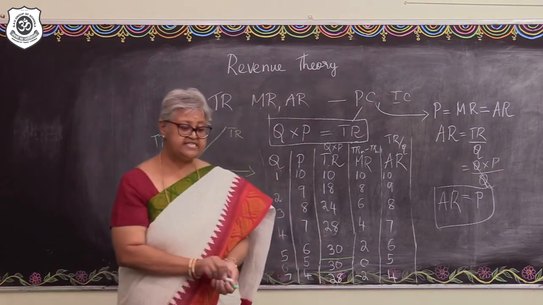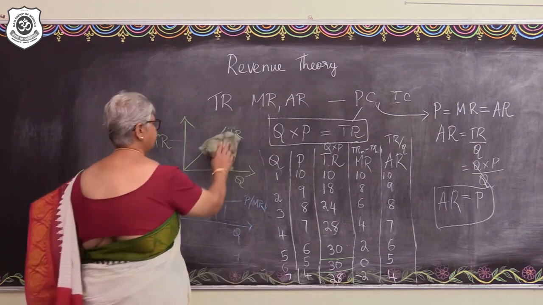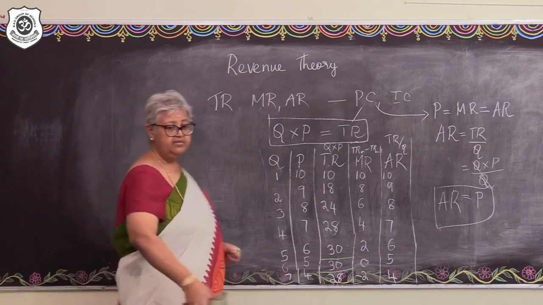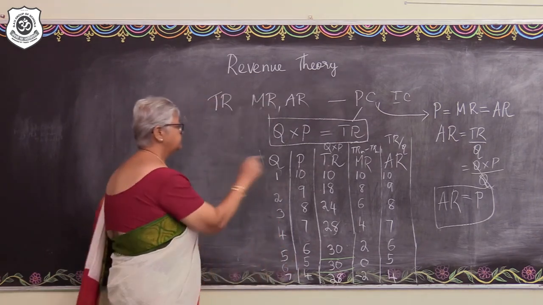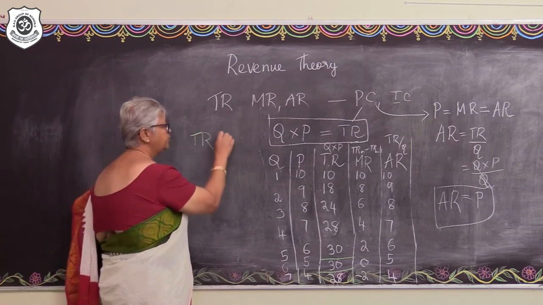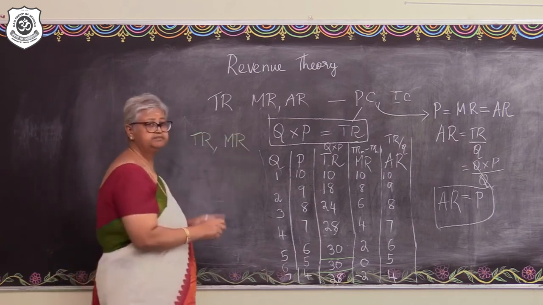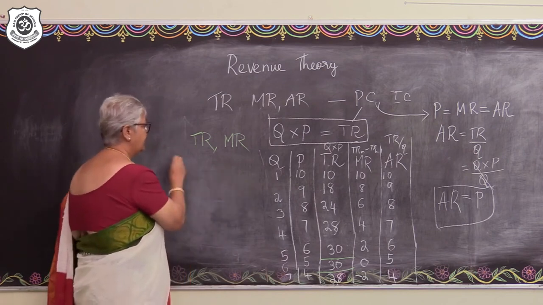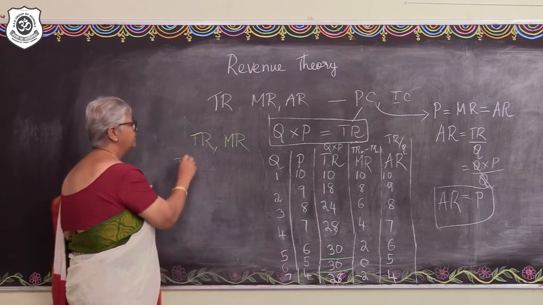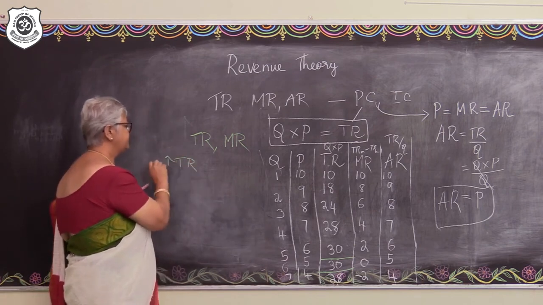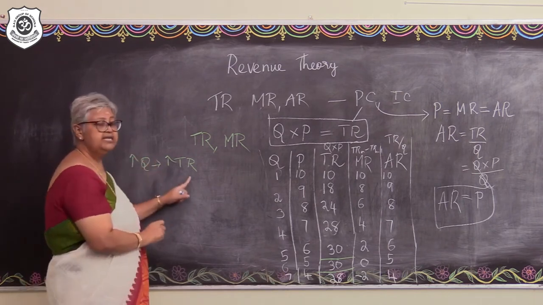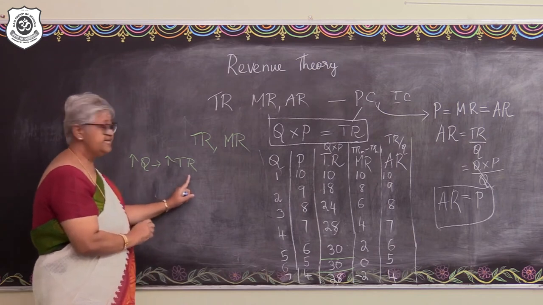And then when MR is negative, the total revenue falls. So, can we just make some observations here? I just erase this bit and a few observations we may record there. So, in an imperfect market, what is the relationship that exists between the total revenue and the marginal revenue? As output sold increases in the market, the total revenue increases.